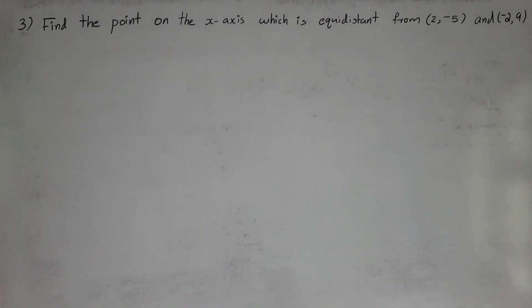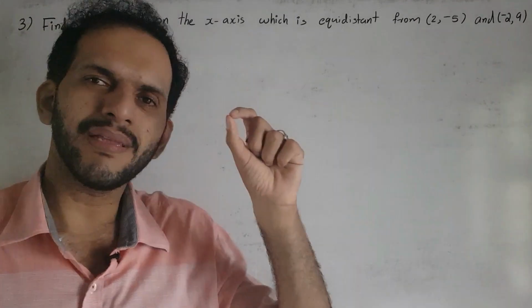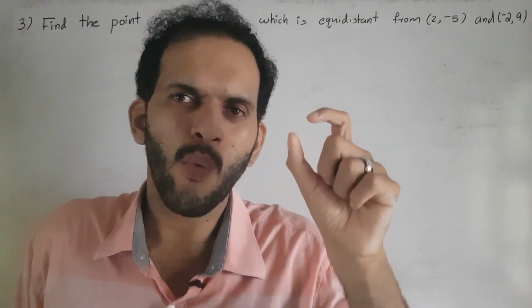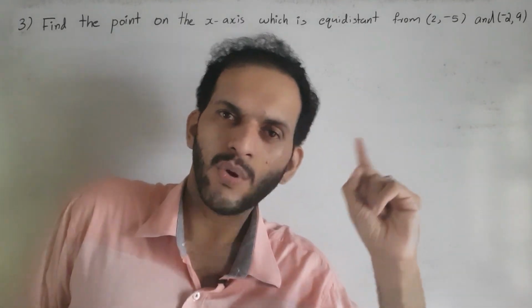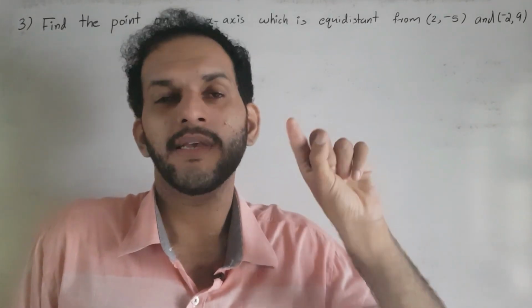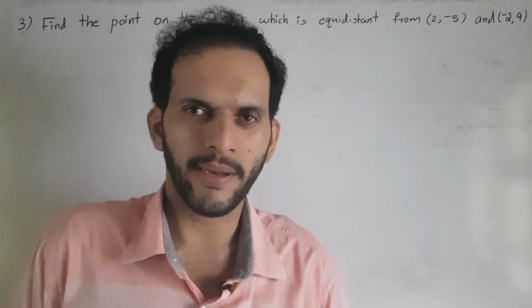as P. Okay, let P be a point on the x-axis, then what is the coordinate? Yes, we know if the point lies on the x-axis, the y coordinate is 0. If the point lies on the y-axis, the x coordinate is 0. Correct.